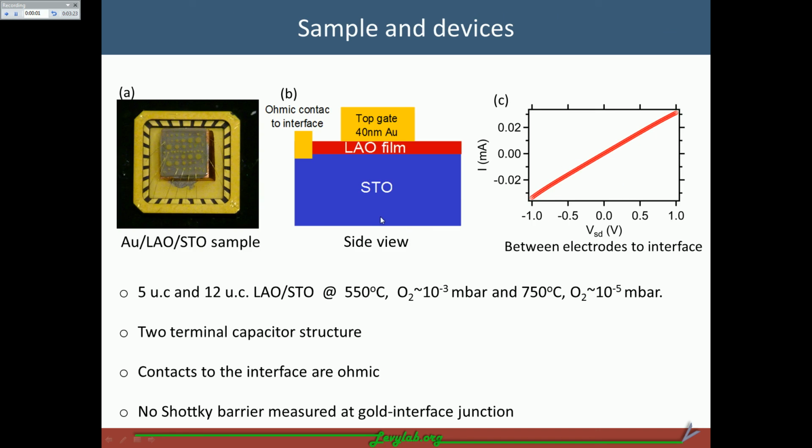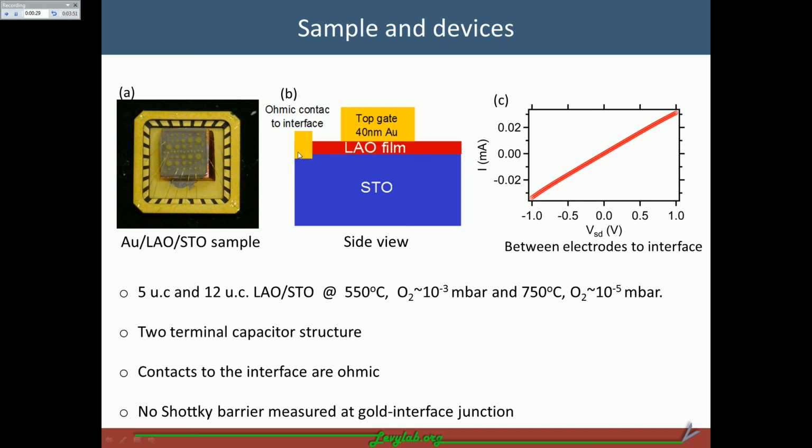Our samples are 5-unit cell and 12-unit cell LAO on STO grown under two different conditions, which is similar to these previous studies. And we also fabricated this two-terminal capacitor structure with a circular gold top electrode and also an arc-shaped electrode that directly contacts the interface.